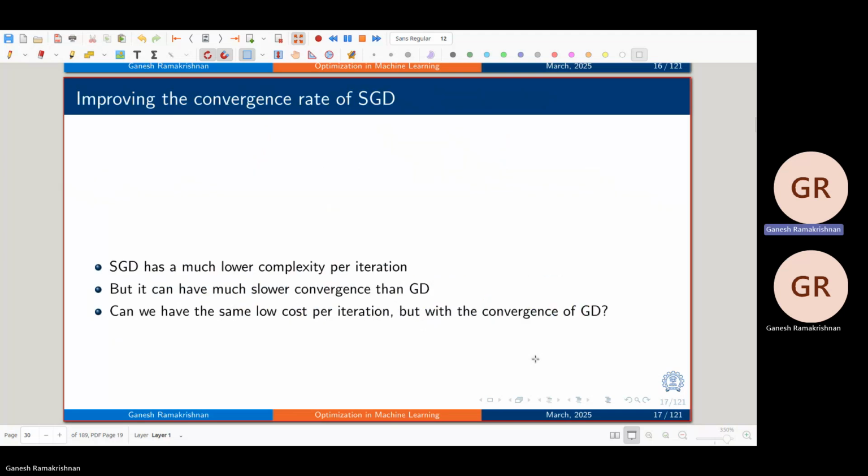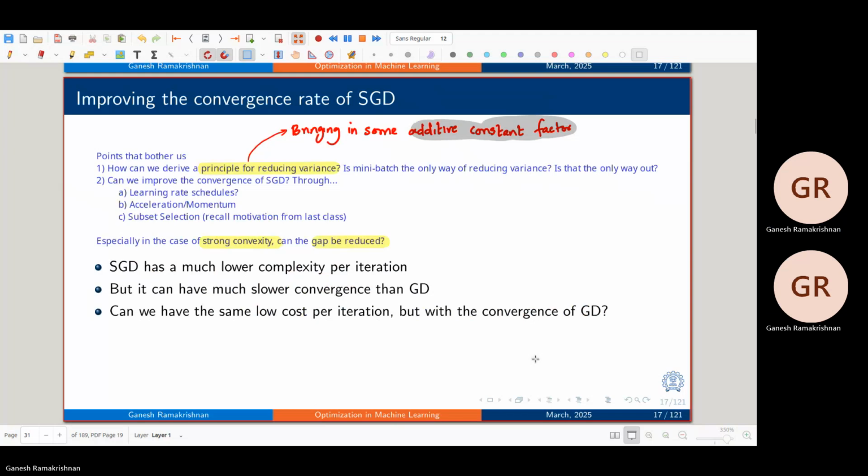Okay, so we want to improve the convergence of stochastic gradient descent. Yes, better low complexity per iteration, but slower convergence. What can we do? So we list down points that really bother us here. What are the points? Deriving a principle for reducing variance. How can learning rate help me reduce variance?